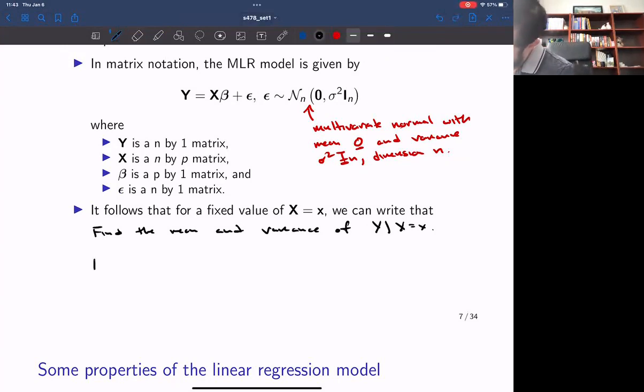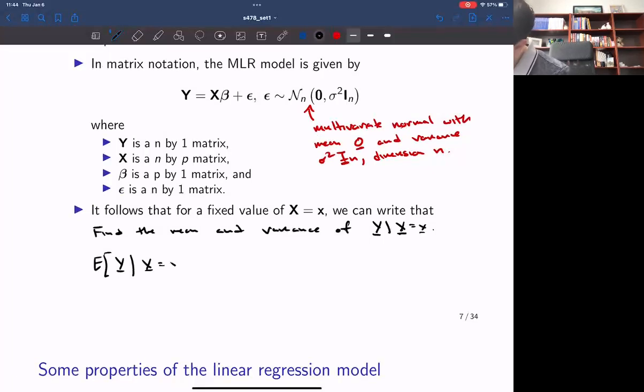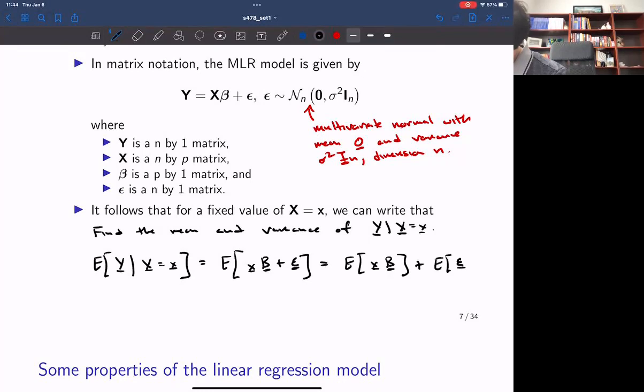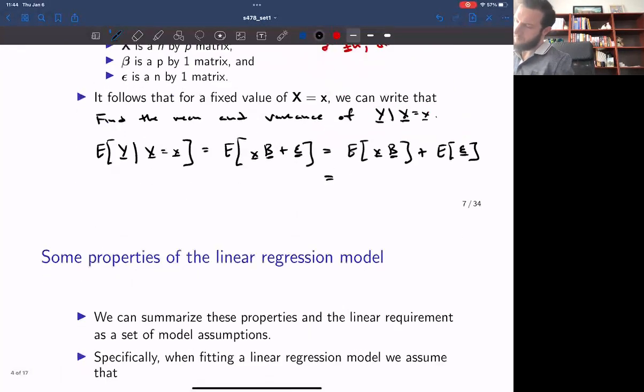Well, this is pretty easy to do. So we can say, okay, the expected value of y, or sorry, these should all be underlined because they're bold-faced. The expected value of y given x is going to be equal to the expected value of x beta plus epsilon, which is going to be the expected value of x beta plus the expected value of epsilon, right?